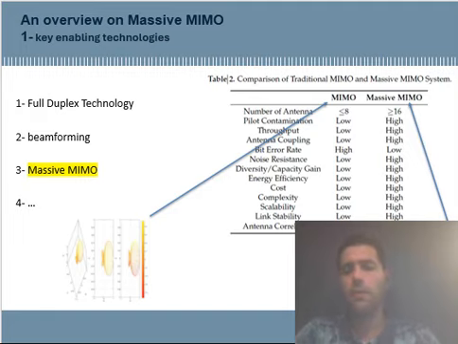In this table, the comparison between traditional MIMO and massive MIMO systems is presented. In traditional MIMO, the number of antennas was less than or equal to 8 by 8, but in massive MIMO systems, it increased to at least a 16 by 16 array of antennas.